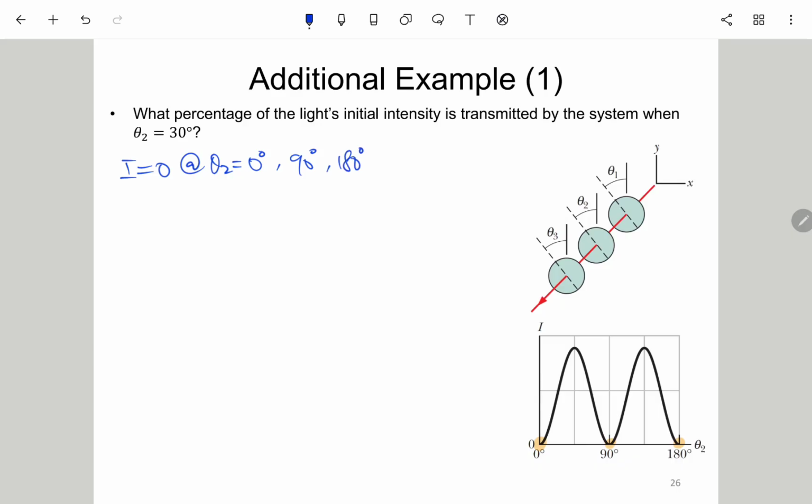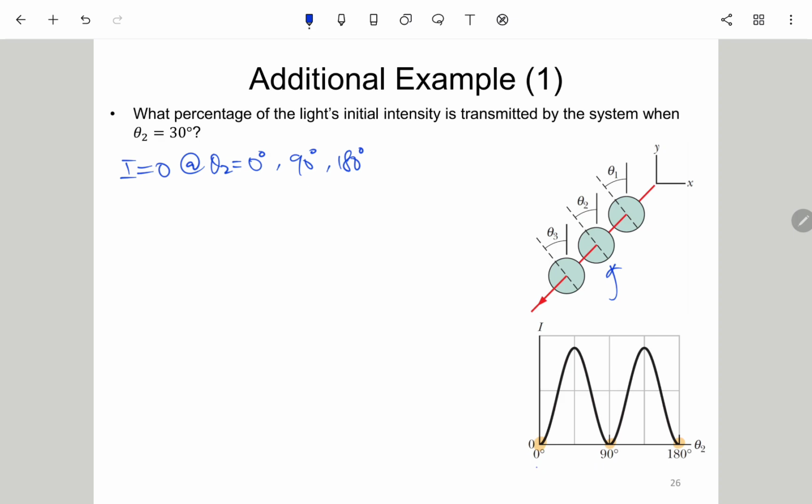Which means that sheet number 2 should be perpendicular to the first one and the third one at these angles.